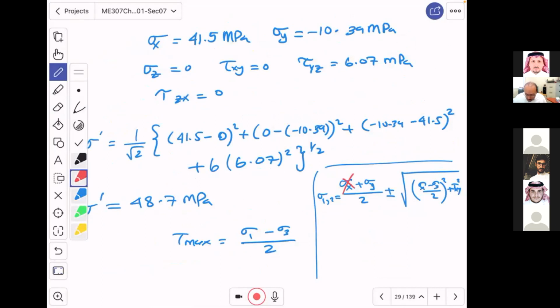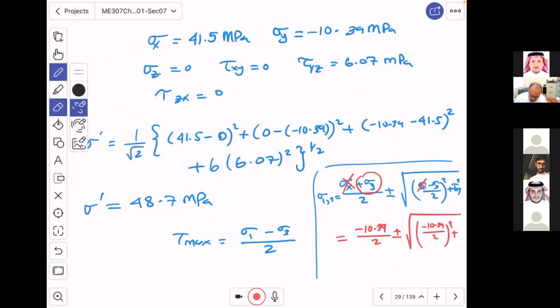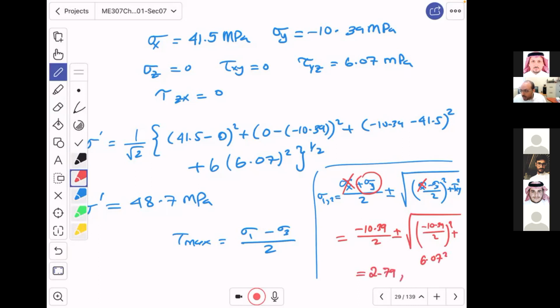So we will end up applying sigma y, which is going to be minus 10.39 divided by 2 plus or minus the square root of minus 10.39 divided by 2 squared plus tau xy, which is 6.07 squared. And if you calculate this, you will find the principal stresses to be 2.79 and minus 13.18 megapascal.